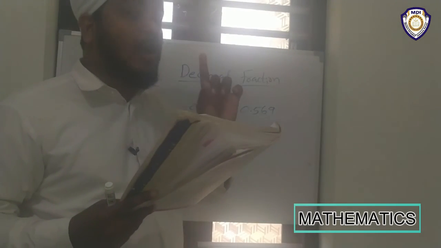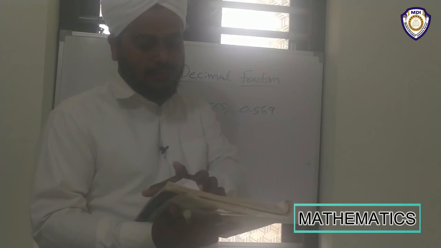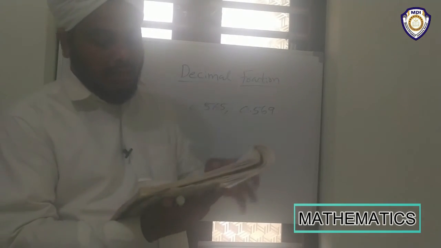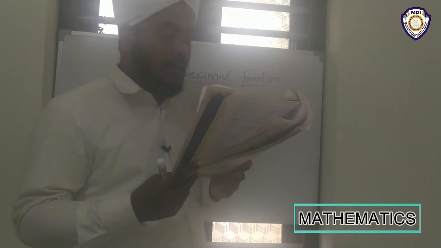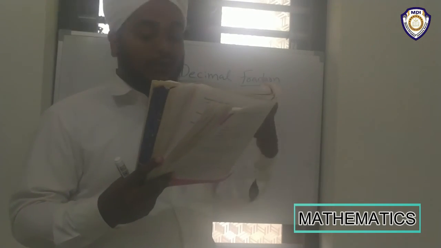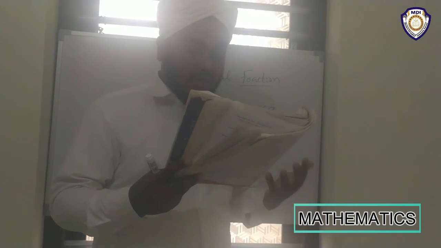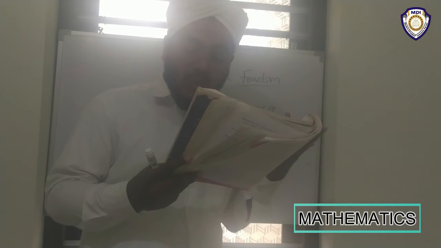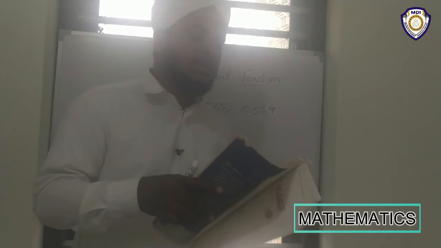Exercise 7.1 for you. There are 7 questions. First question, fill in the blanks with the signs of greater than and less than. Second question, arrange the following in ascending order. Third question, arrange the following in descending order. Fourth question, on an abacus, mark the following decimals and also write their number names.